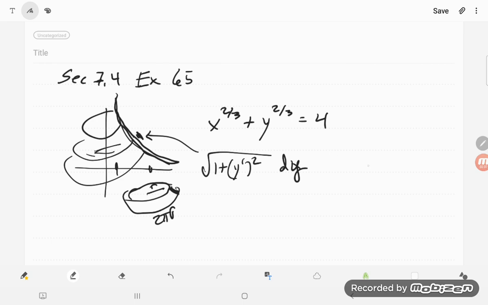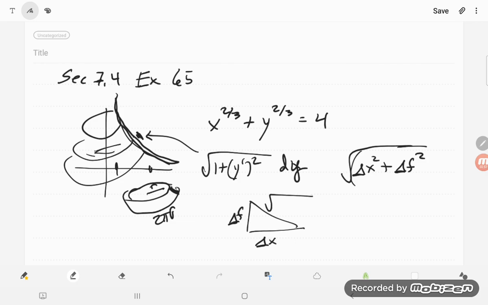It's the square root of delta x squared plus delta f squared, the change in the function. Blowing this up, here's delta x and here's delta f, and so we have this delta x squared plus delta f squared arc length piece that we need for the width of that band.